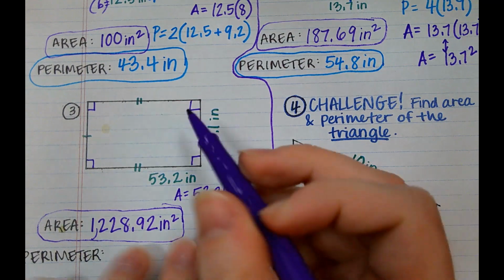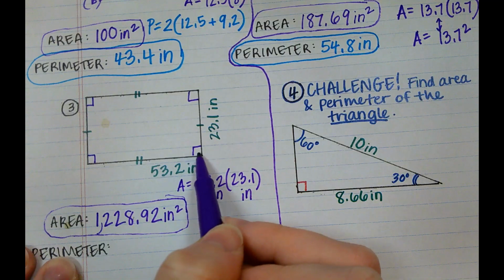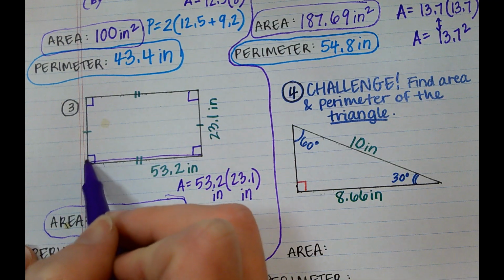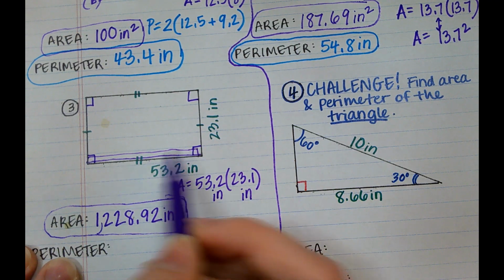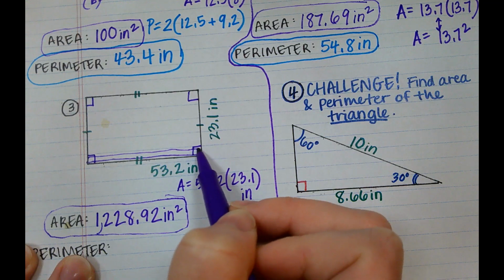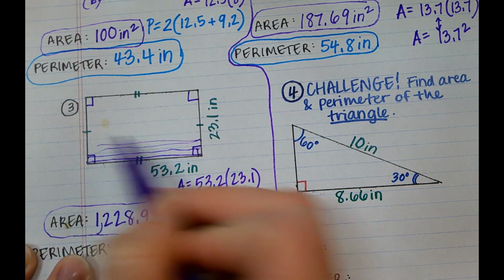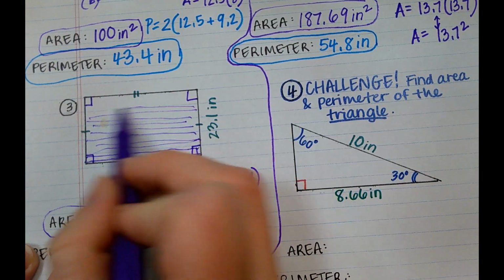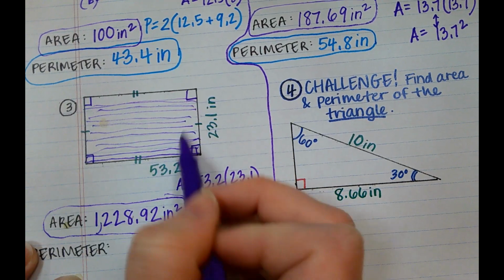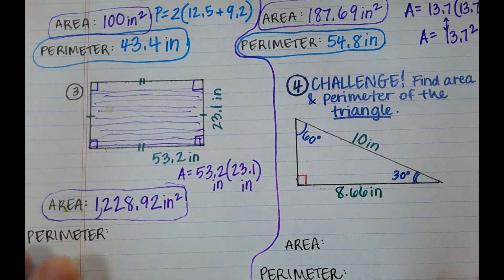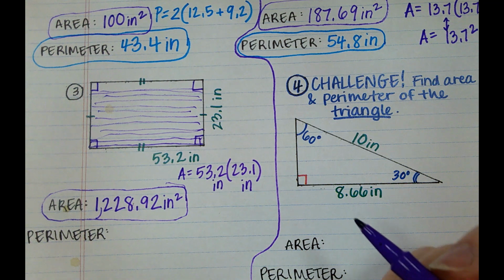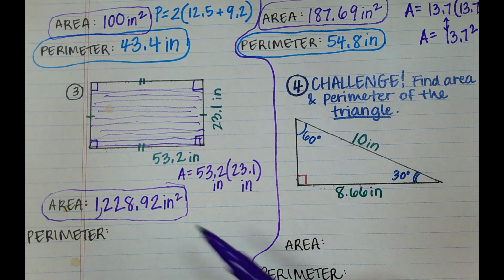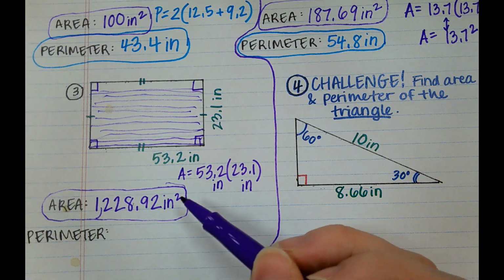This is a line that's 53.2 inches, and I take it 23 different times. I'm eventually filling up the shape. So it's not a length, it's how many of these squares I can fit inside that rectangle. We don't actually square any numbers here, we just write squared.